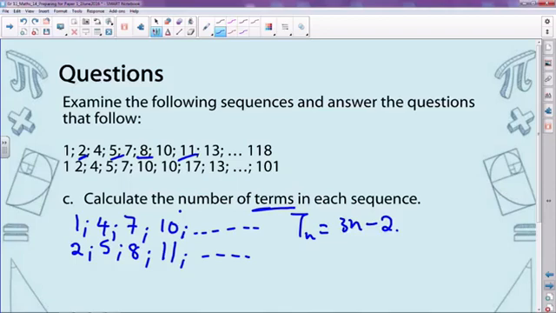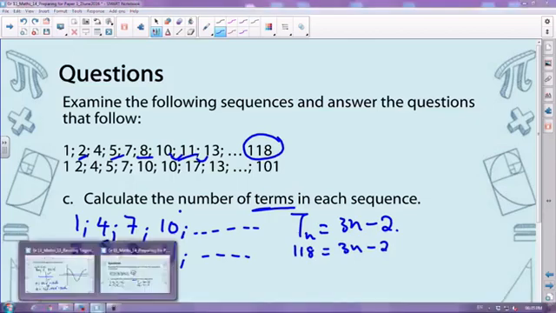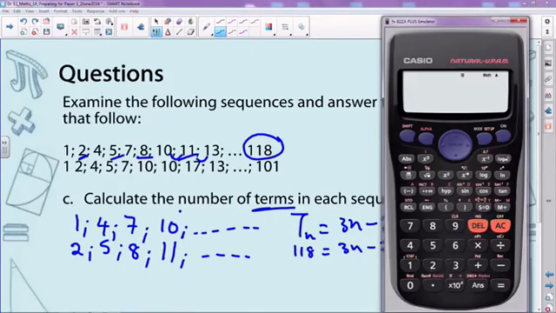And then your last term, if you check, this one differs by 2, here it differs by 1. Let's check if 118 is part of this sequence. If 118 is 3n minus 2, then you get 120, divided by 3 is 40.